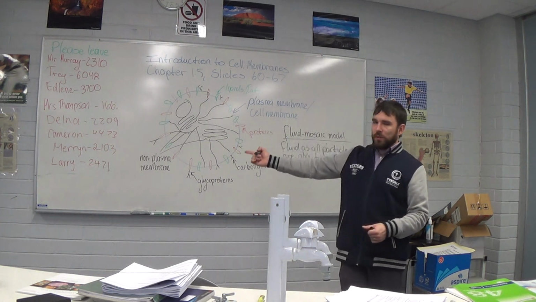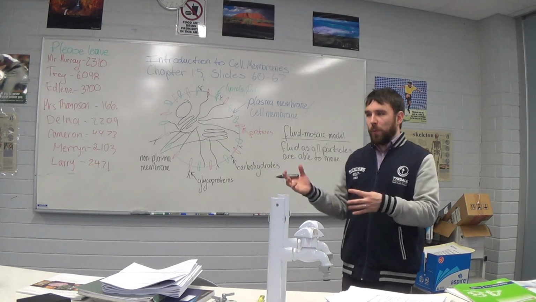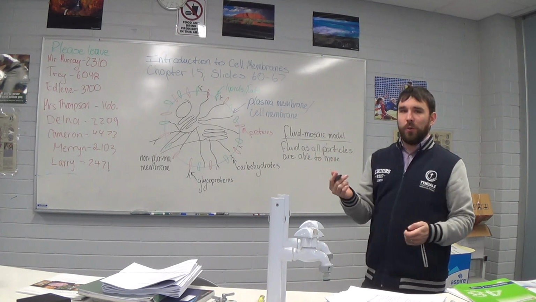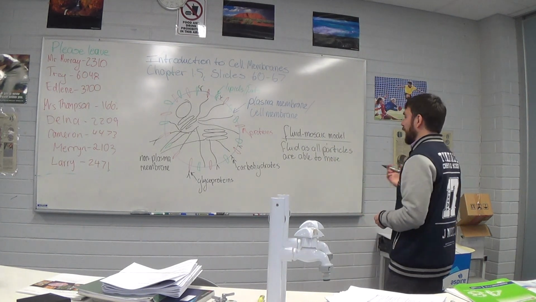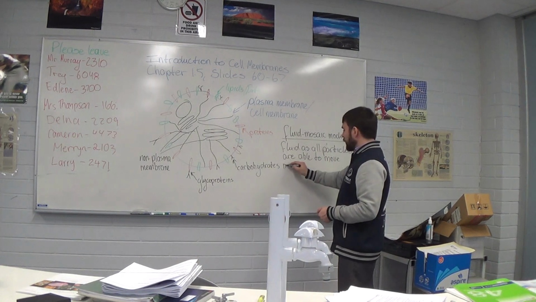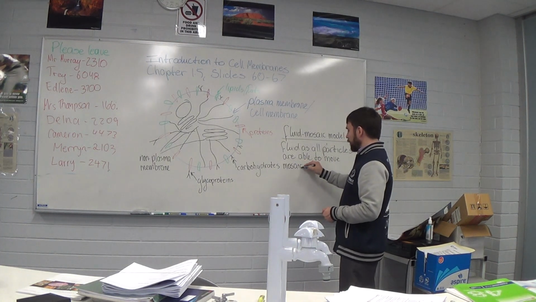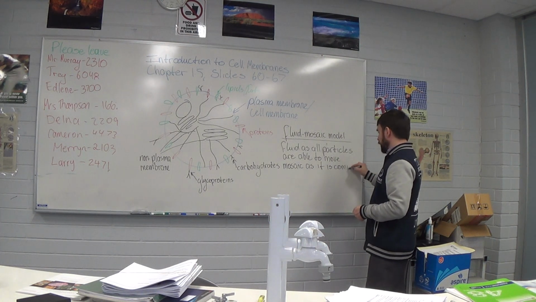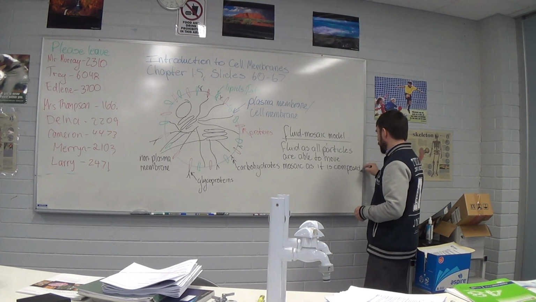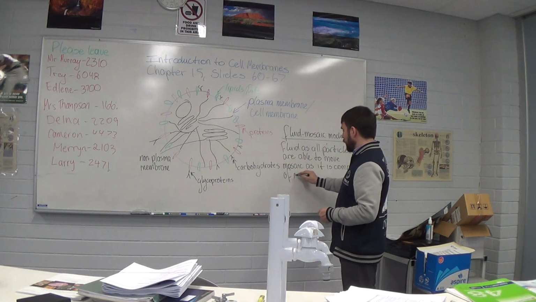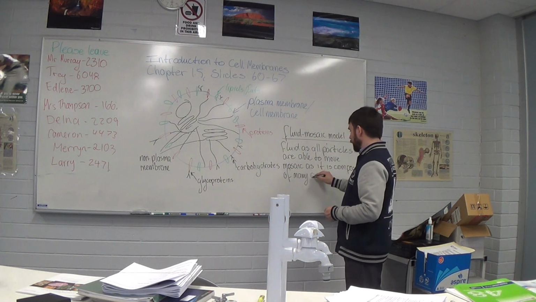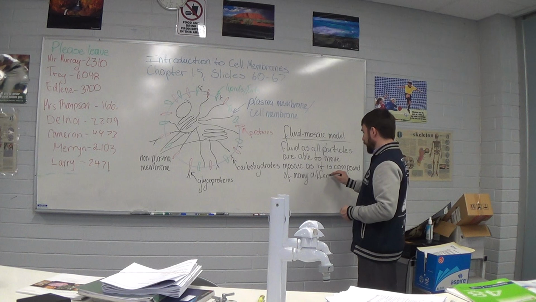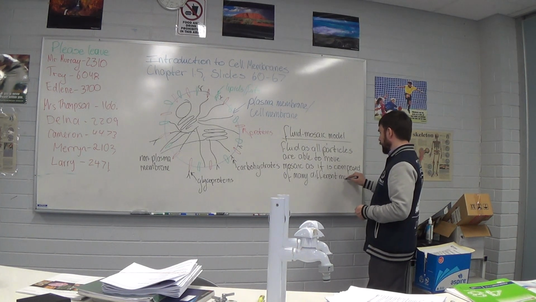So although the cytoskeleton helps anchor things in place, every single molecule within the plasma membrane is able to shift about, and it's mosaic because it's composed of many different molecules.